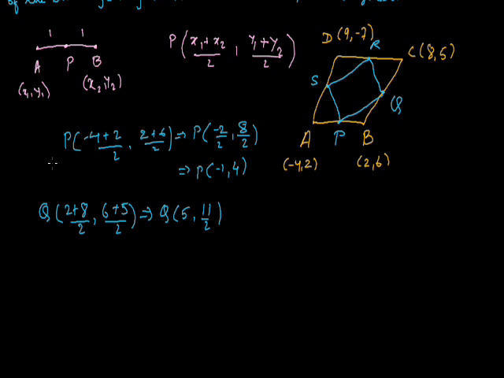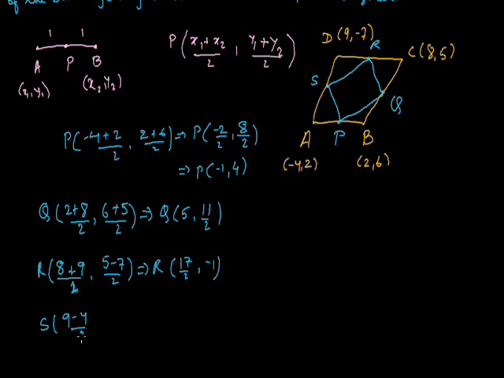So as we calculated the coordinates for P and Q, the coordinates of R are (8 + 9)/2 and (5 - 7)/2, which implies R is (17/2, -1), and the coordinates of point S are (9 - 4)/2 and (-7 + 2)/2, which implies S is (5/2, -5/2). These are the coordinates.